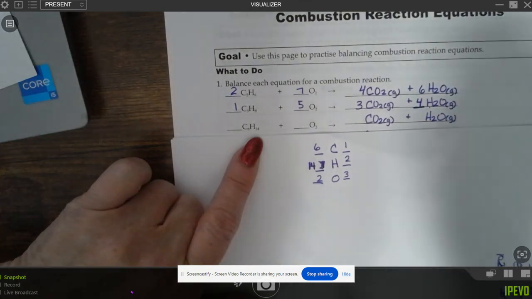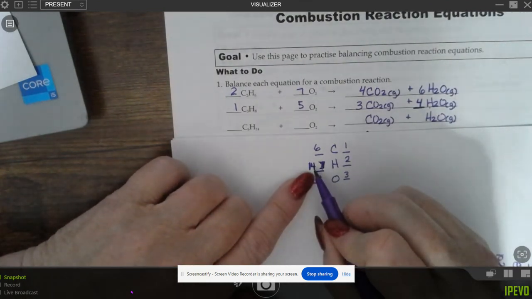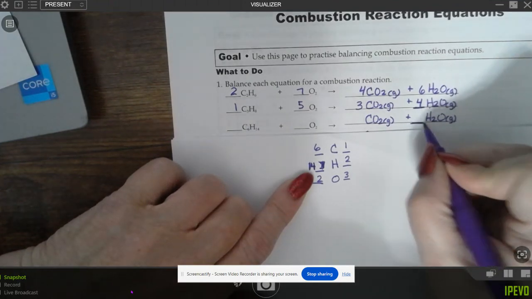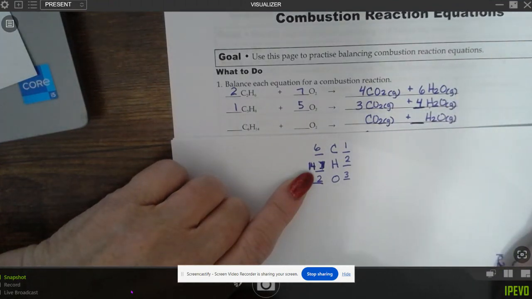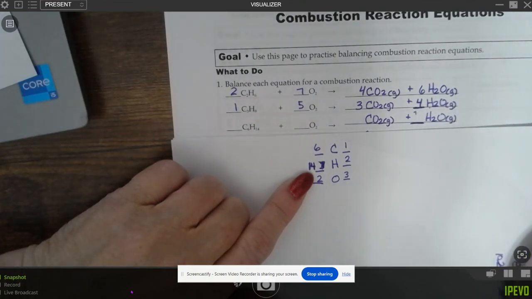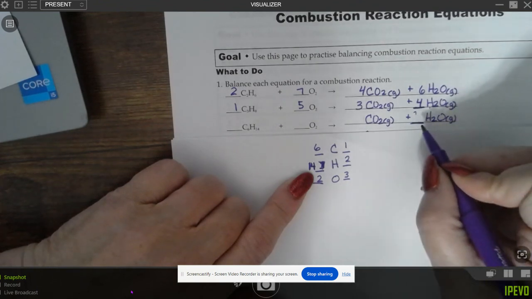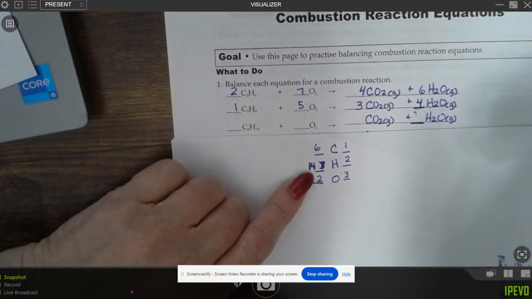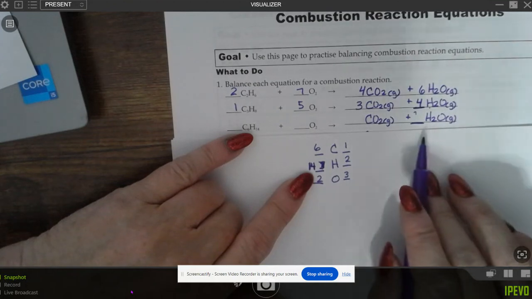Okay. So if I've got 14 hydrogen over here, what coefficient would I need in front of water to give me 14? 7, right? So see, this is one of those examples where we get an odd number of water. And that doesn't work because we can't have an odd number of oxygen.